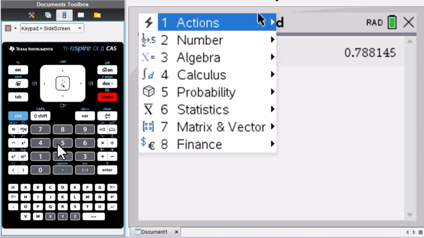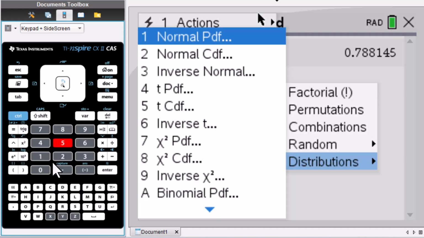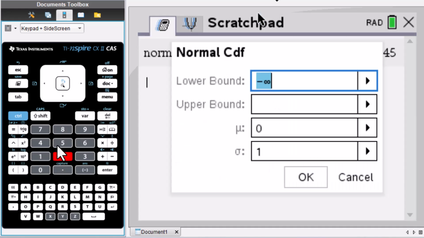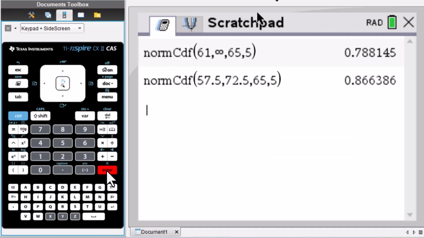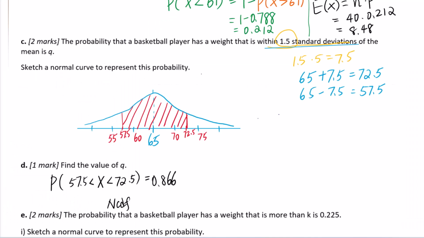Menu 5, 5, 2. 57.5, 72.5, mean 65, standard deviation 5, enter. 0.866, so Q equals 0.866.